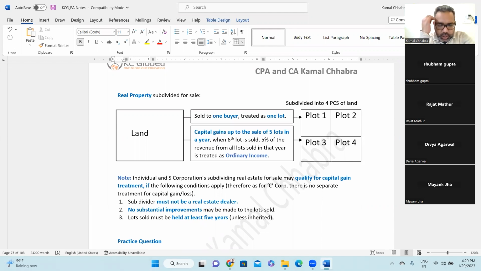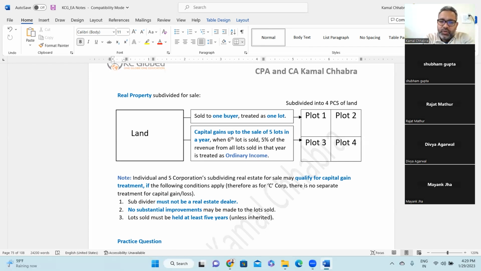Yes, sir. Another thing is capital gain. Capital gain up to the sale of 5 plots in a year can be considered. So that piece of land, if you have cut into 5 pieces and you have sold those 5 pieces, till that extent it is a capital asset.